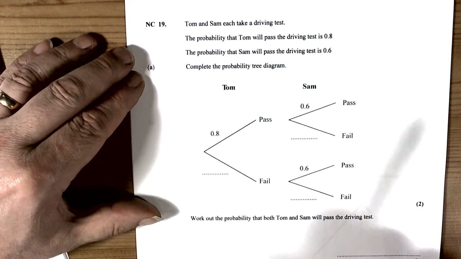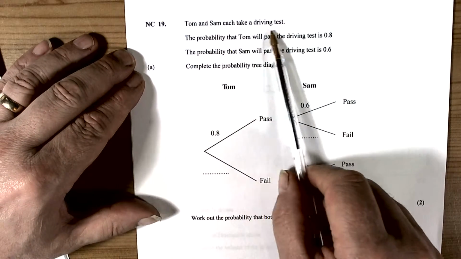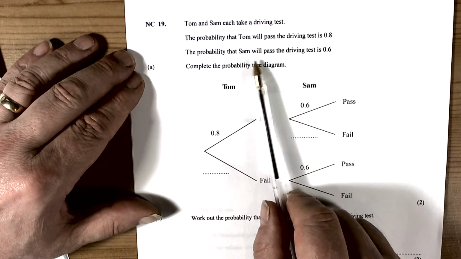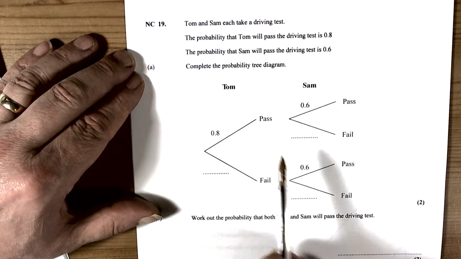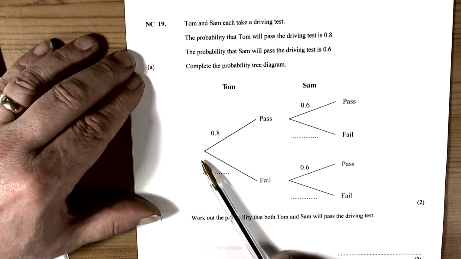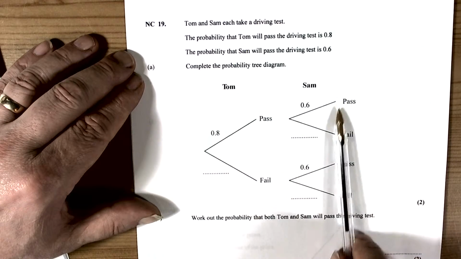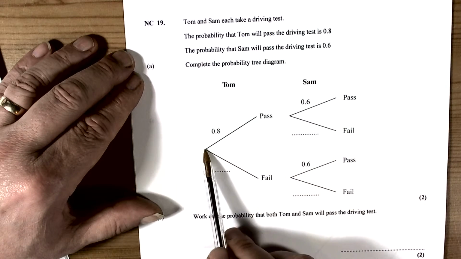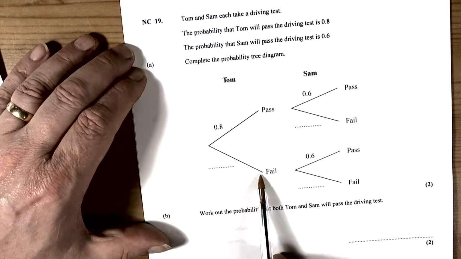Okay, so this time we've got a situation where somebody's taking driving tests and it's telling us some conditions. The probability that Tom passes is 0.8, the probability that Sam passes is 0.6. So we can show what happened, the probability that Tom passed followed by what was happening with Sam. And we should remember that from each event all the outcomes should add up to 1.